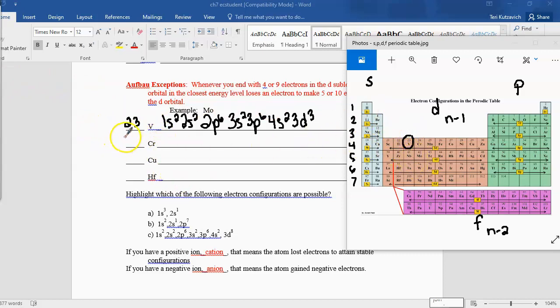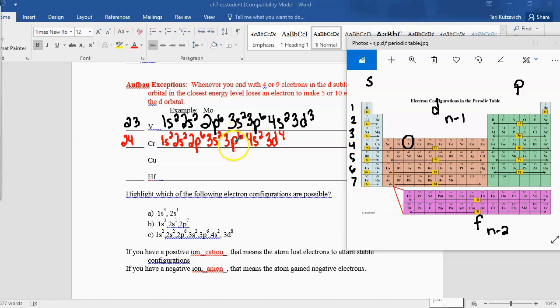Chromium is 24 electrons. So it's going to be a 1s2, 2s2, a 2p6, a 3s2, a 3p6, a 4s2, and a 3d4. Now, we learned about the exception on Friday. You cannot end in D4 or D9.